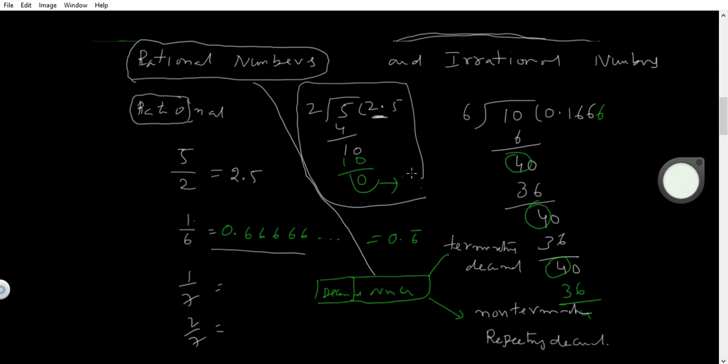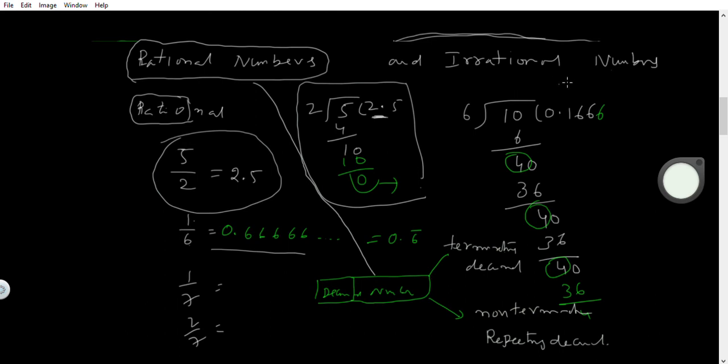When we come to the irrational number, it is totally different. This cannot be expressed as some fraction like 5 by 2, 1 by 6, 1 by 7, 2 by 7 and so on. That means an irrational number cannot be expressed in the form of p by q.